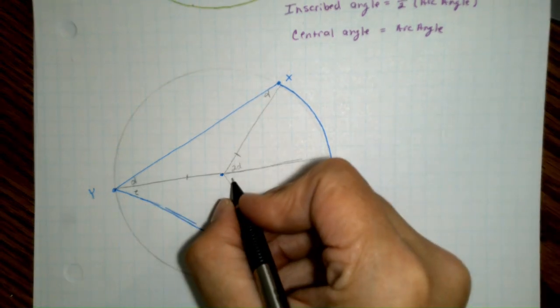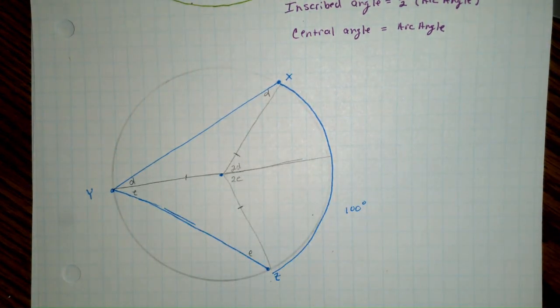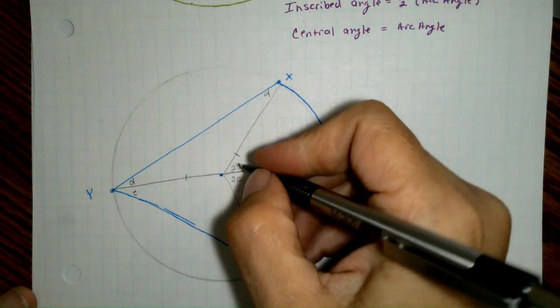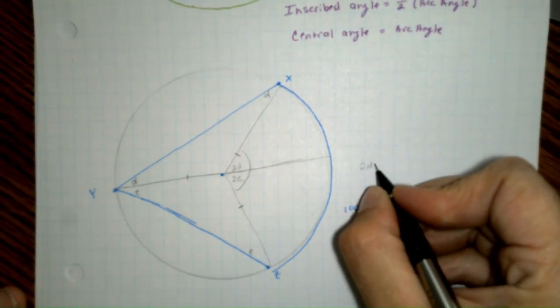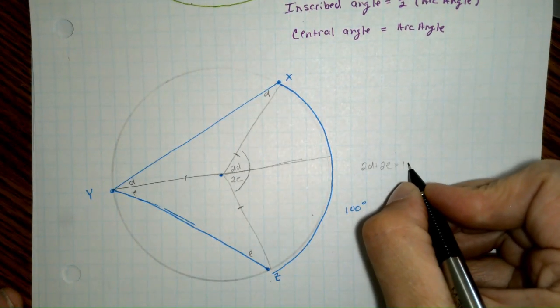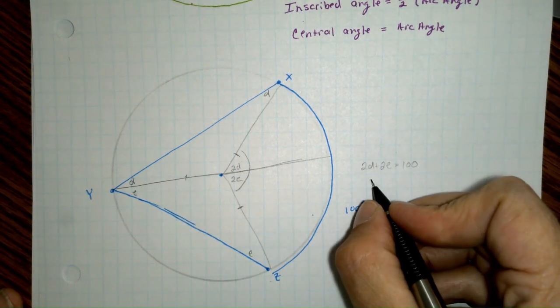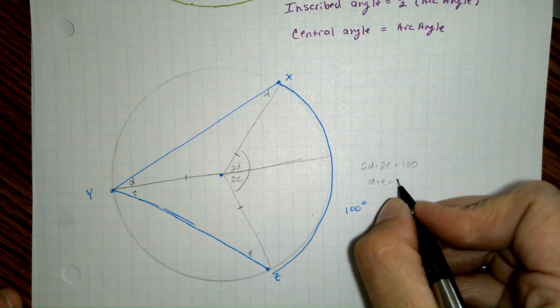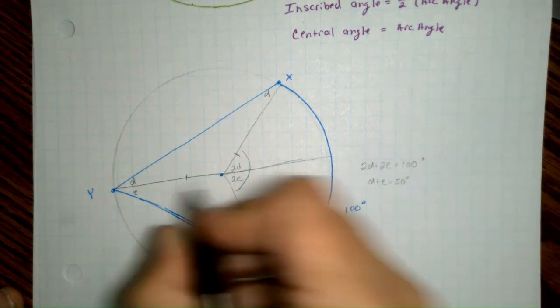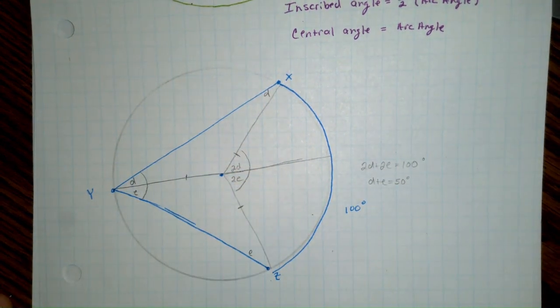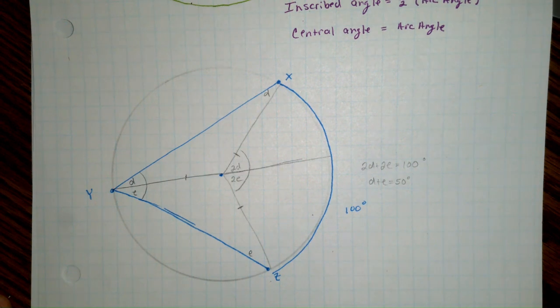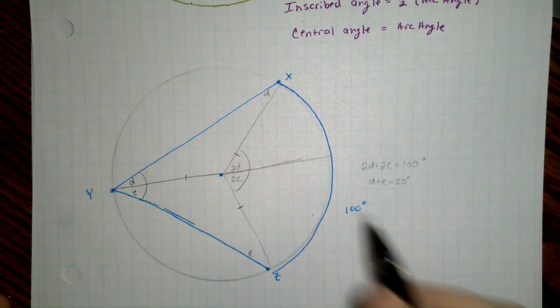And if this is E, then this would be 2E. And we know that 2D plus 2E has to equal 100. So if we cut everything in two, D plus E has to equal 50. And isn't this angle, by angle addition postulate, going to be D plus E? And therefore we just showed that this is half of that.